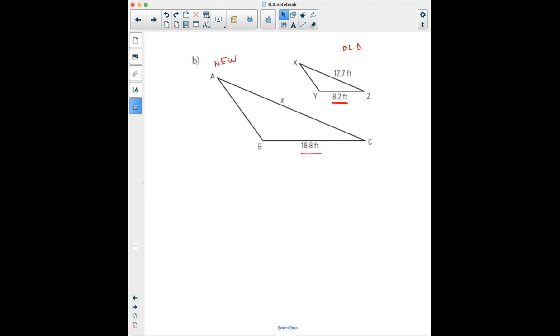Okay, so scale factor is old over new. My old measurement is 8.2 feet. My new measurement is 18.8 feet. So that gives me a scale factor of 0.436, a bunch of ugly numbers. Okay, so I'm not rounding that number because it's my intermediate.